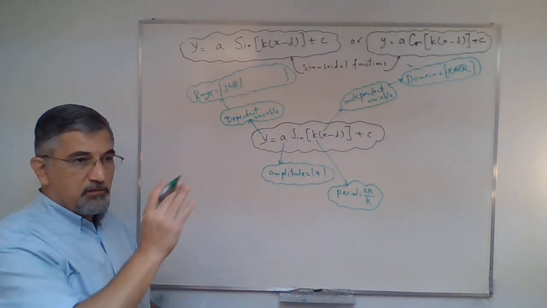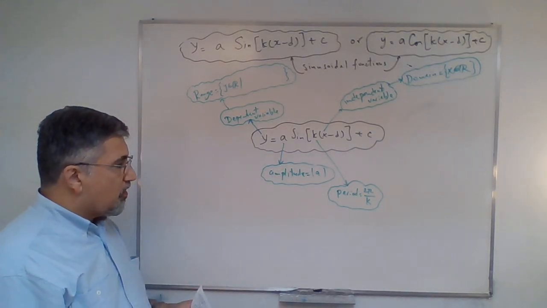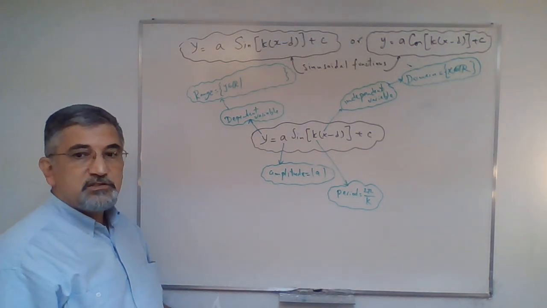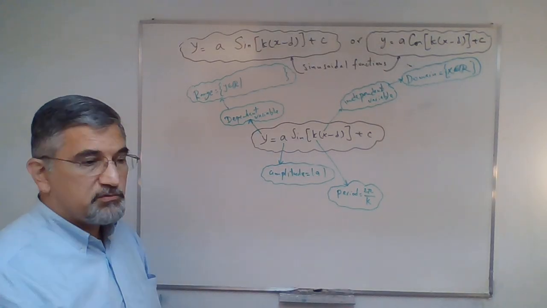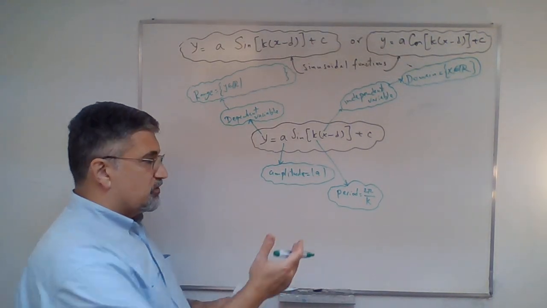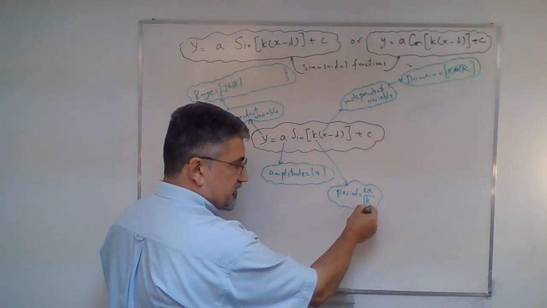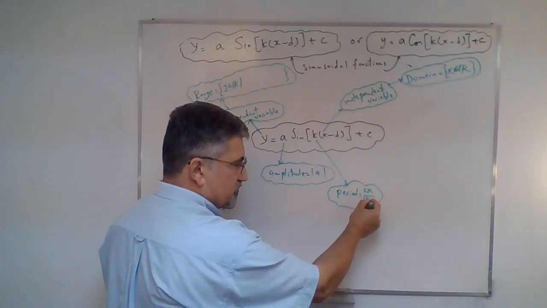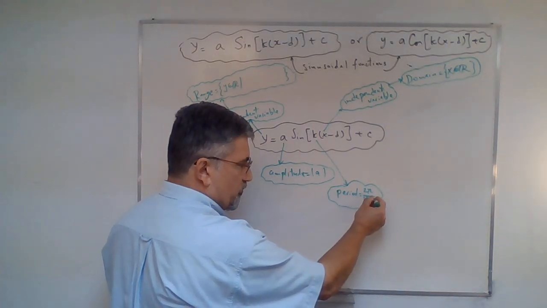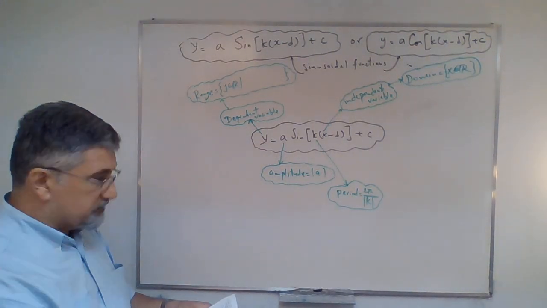It also represents the number of cycles from 0 to 2 pi. If K is a negative number, which is a possibility because we may have reflection in the y-axis, again, we don't say period is negative. Therefore, to be very accurate, very precise, we should actually say 2 pi over absolute value of K, so that we don't end up with a negative answer.